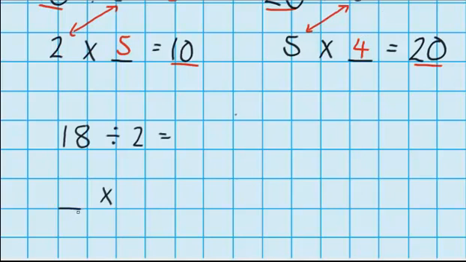That's right, it's the 2, because we know how many groups there are. We're trying to work out how many should go in each group. And here is the total amount. So can you see what the total amount is? That's right, it's 18. And I know 2 times 9 equals 18, so 18 divided by 2 equals 9.